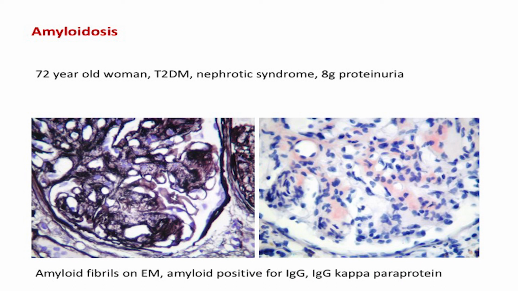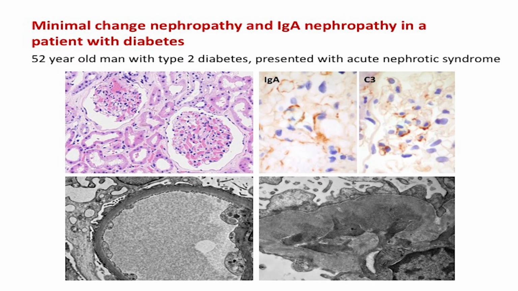And in this patient, they turned out to have IgG kappa amyloid deposits in their kidneys. And it was that which was the explanation for the nephrotic syndrome. Now we're coming to our final dual pathology. 52-year-old chap with type 2 diabetes, again presented with acute nephrotic syndrome.